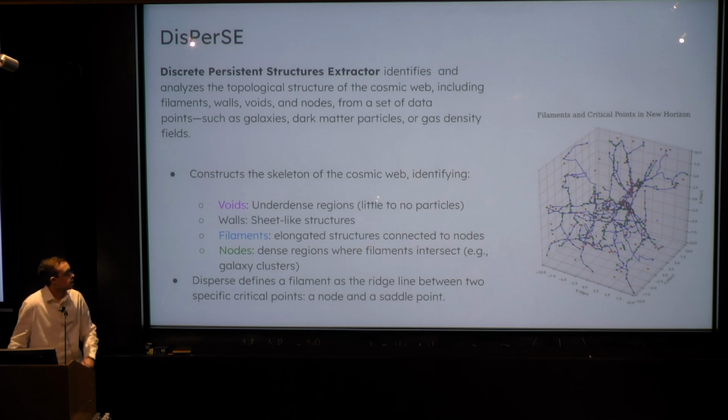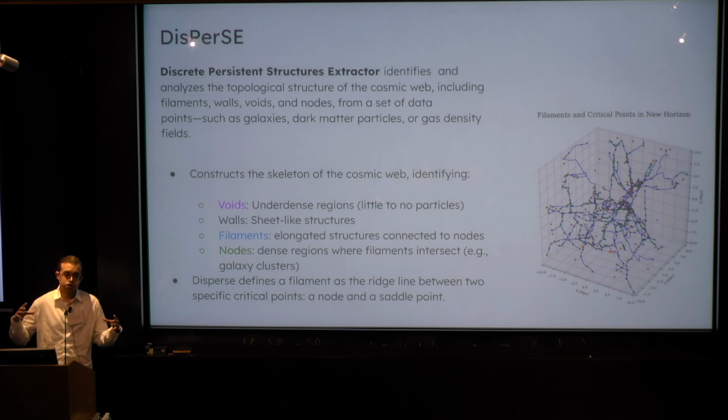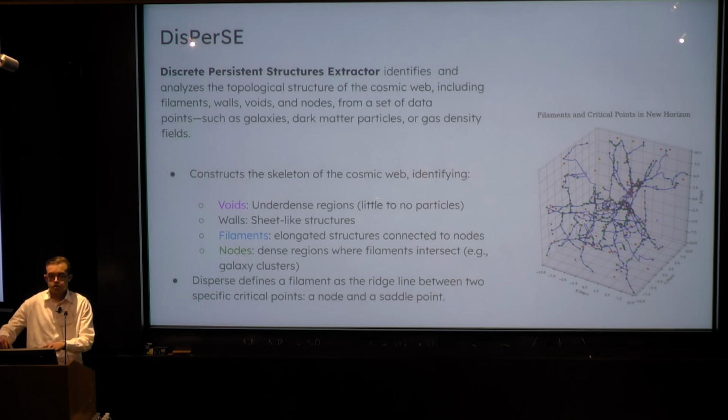Oh, it's a good question. So DisPerSE takes an input: we give it basically gas of this temperature, this many metals, etc. And it takes those features, and the full simulation is 20 megaparsecs, a zoom-in region of a larger simulation, Horizon AGN, and it takes our inputs, and this is already mapped out within Horizon AGN.